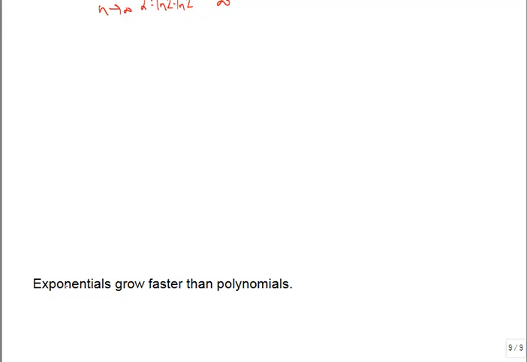In general, exponentials will grow faster than polynomials of any degree. So if you had an n to the k over 2 to the n, whatever that power k was on that polynomial, eventually you could find an n large enough so that the denominator would be bigger than that numerator. So in general, exponentials grow faster than polynomials, but factorials grow faster than exponentials.